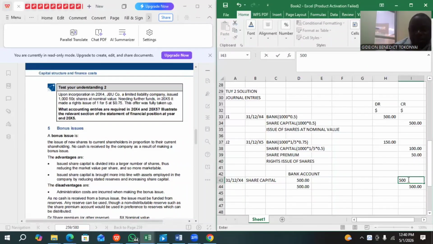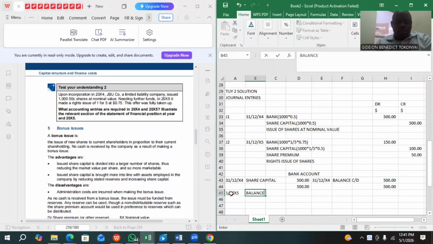So we have 500 here, which represents our balance on 31 December 20X4. Then we carry down to 1 January 20X5 the balance of 500.